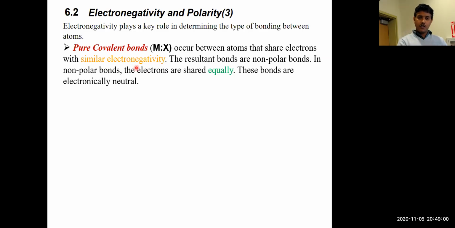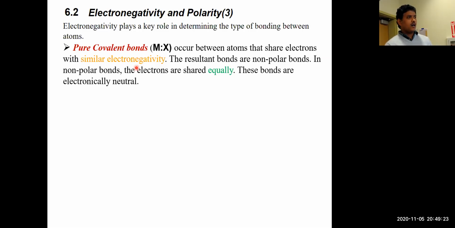It is a bond that results from two atoms sharing electrons to make a covalent bond. Whenever the electronegativity values of these two atoms are very similar, we call that covalent bond a pure covalent bond. In other words, you can also call it a non-polar covalent bond.